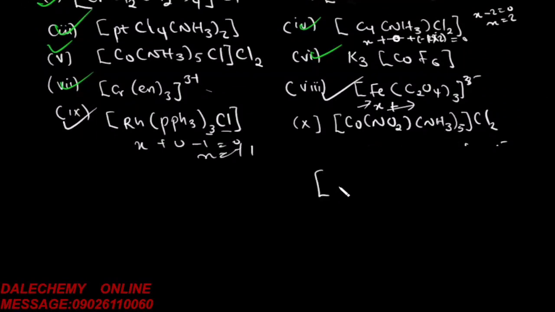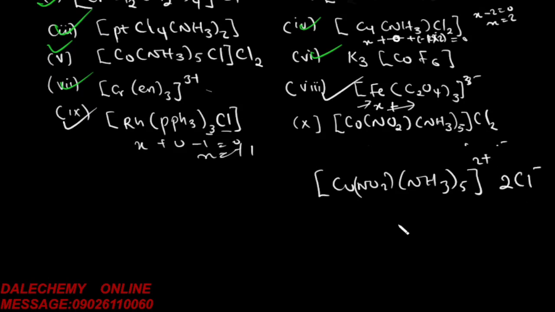Normally, it will be Co(NO2) in bracket, don't forget, and we have NH3, 5. Then we have 2 of Cl minus. You name the positive end first before the negative. So to name this, it will be pentaamine, because amine is A. It comes first before nitrito.